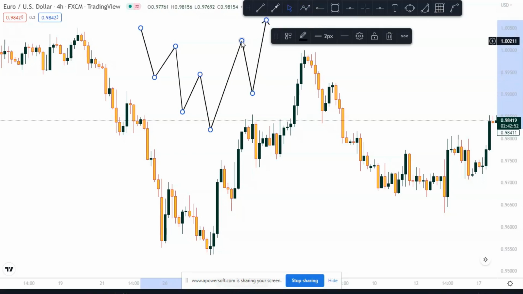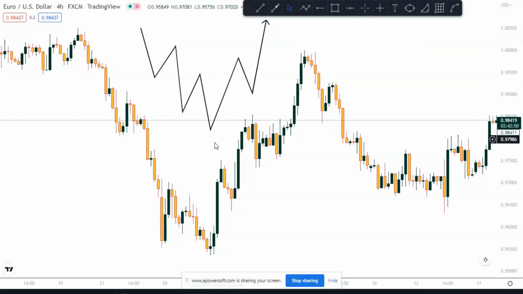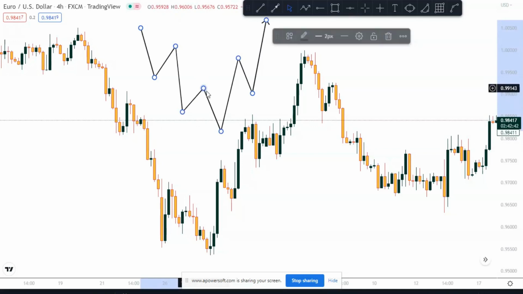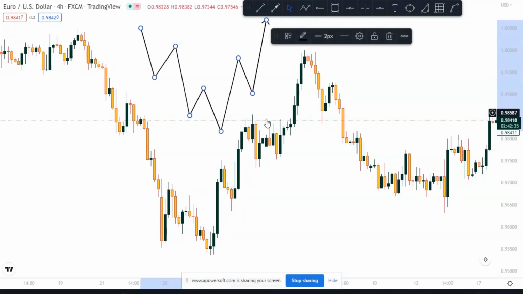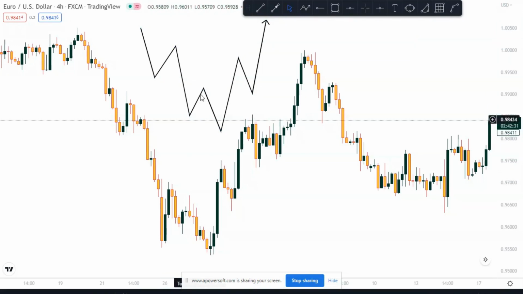This is some kind of market structure that we are seeing. So where is the pivot? Let me show you. Pivot created. Now, there is that zone where the market is rotating.